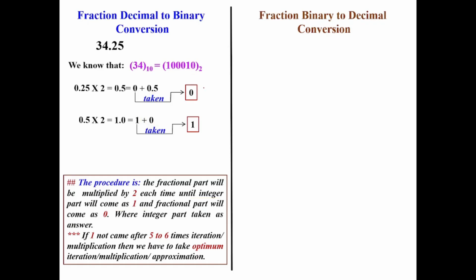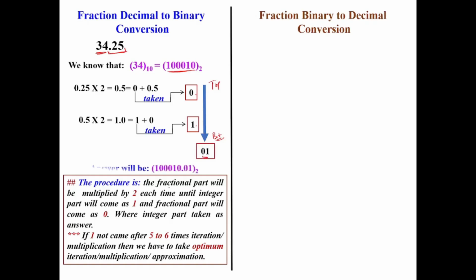Now what will the answer be? The binary number of this fractional decimal number is obtained by reading from top to bottom: 0, 1. For 34 we have already evaluated the binary number, and the binary number of 0.25 will be 0.1.